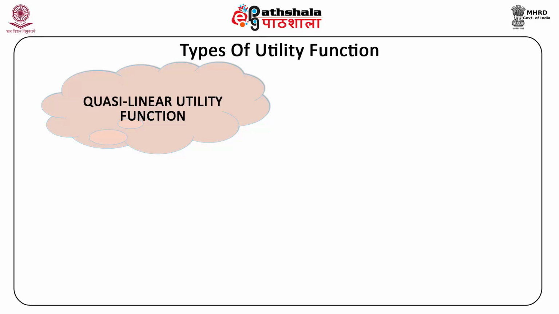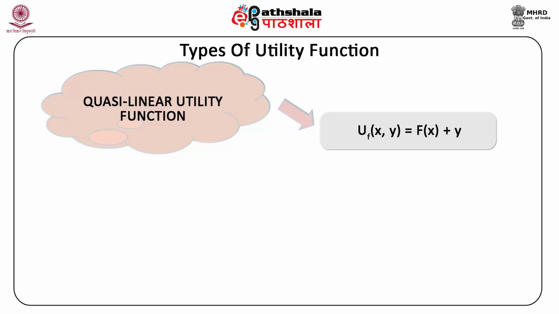Second type of utility function is the quasi-linear utility function, or some people may pronounce it as quasi-linear utility function. A quasi-linear utility function has the following functional form, that is UF of x, y is equal to capital F of x plus y, where F of x is some non-linear function of x.